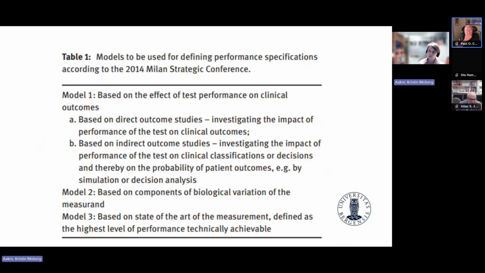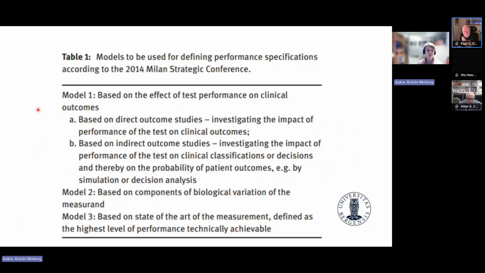And the most preferred model, the strongest model, which will provide the strongest evidence that the analytical quality is good enough, is the one where we model the analytical performance specification based on outcome studies. So we look at either direct or indirect outcomes, and we see how the analytical performance will affect the outcome of patients.